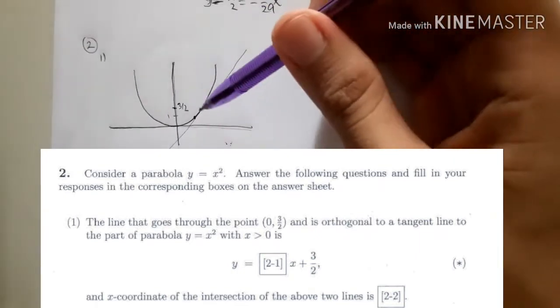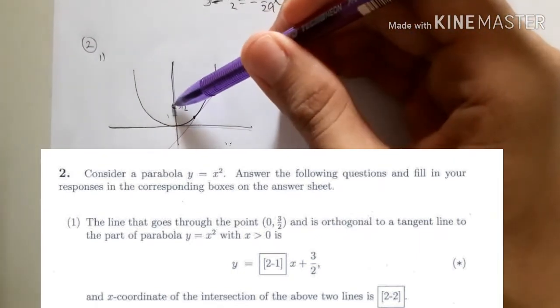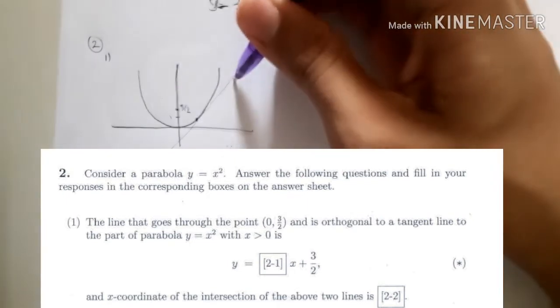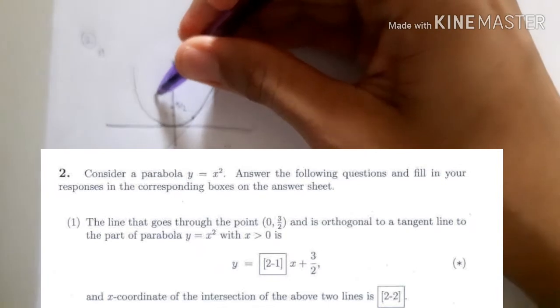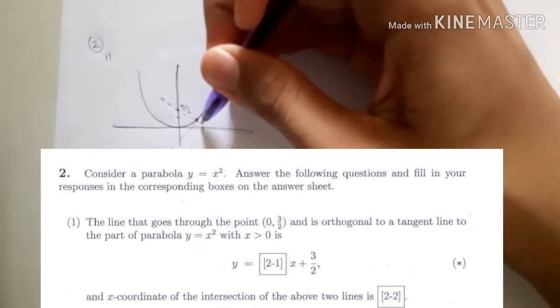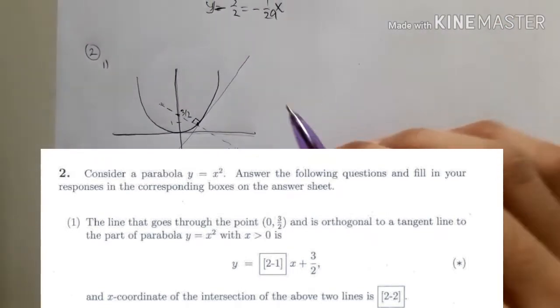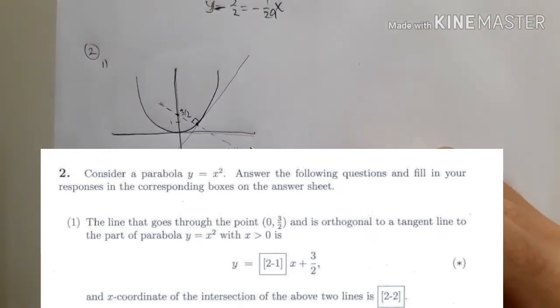Then there's a line that goes through (0, 3/2) and is orthogonal to the tangent line, which means the line here is perpendicular. So the first question asks for the equation of this perpendicular line.